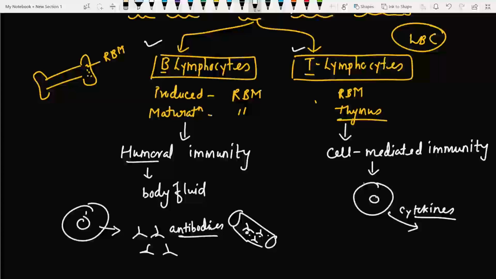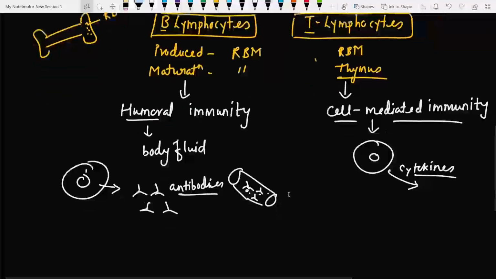It will release cytokines, which will activate the B cell and other phagocytic cells, so that our acquired immunity will work. So they are activating the cells directly, and that's why it is called cell mediated immunity. And humoral immunity means it will release antibodies inside the bloodstream, and that's why the name is humoral immunity.